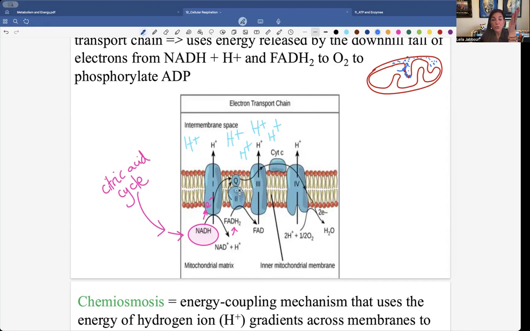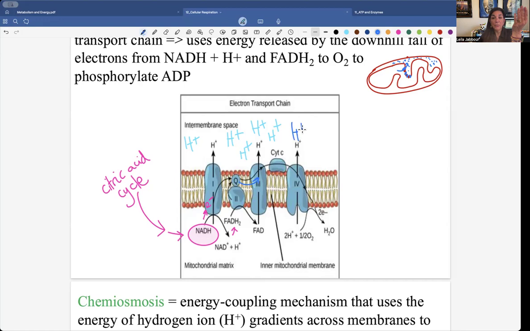Complex 2 also has electrons coming from FADH2, so it's able to take on these electrons and the electrons from the previous complex and pass both on to complex 3. Complex 3 uses that energy to pump more hydrogen ions, and complex 4 pumps additional hydrogen ions.